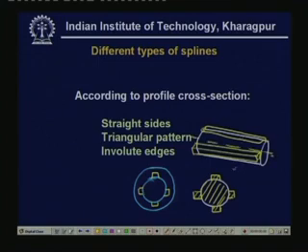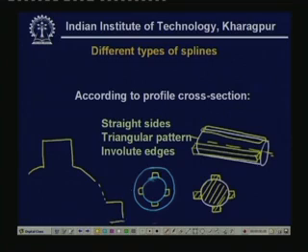Therefore, what is expected is that if we mount one shaft to the other, then it can slide along the axial directions. The profiles of the cross sections vary. There may be straight edges like the rectangular, as you see. So, this kind of edges will be formed.